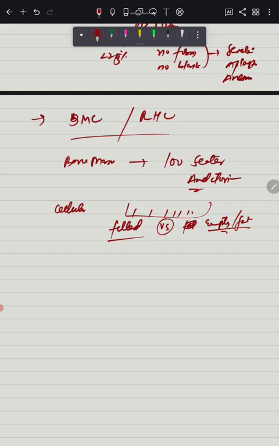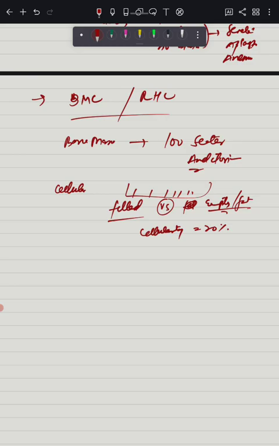So if I say, for example, 20 out of the 100 seats are filled, that means cellularity is 20%. But we do not know what's filling those seats.